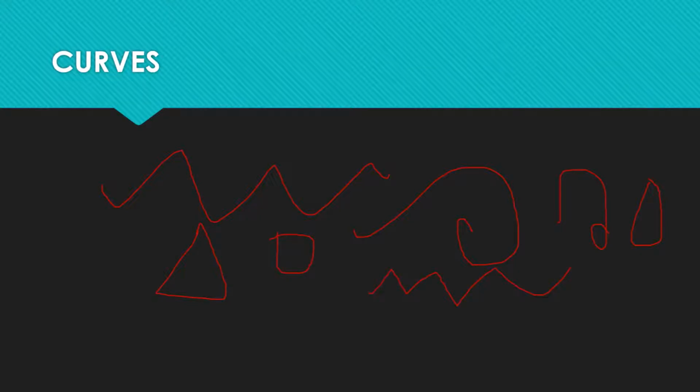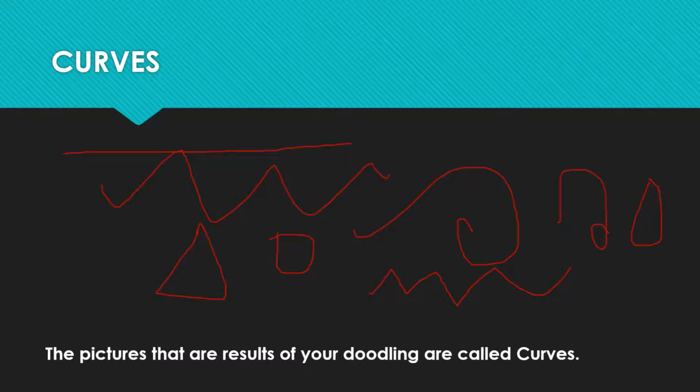But make sure that you draw it without lifting your pencil from the paper, and without using any ruler. The pictures that are results of your doodling are called curves.